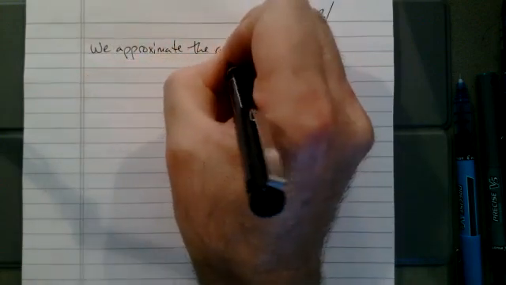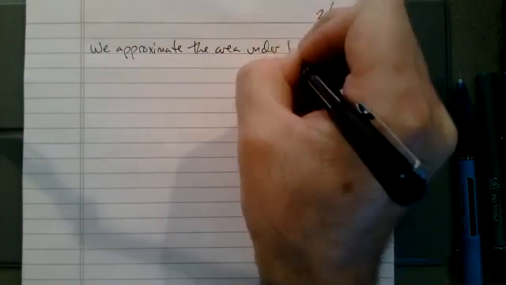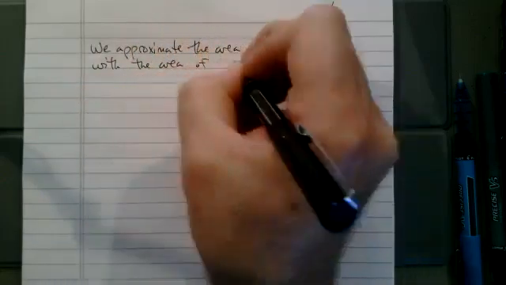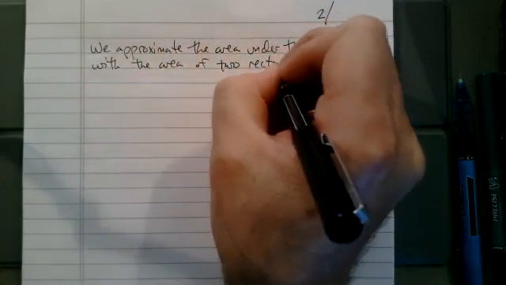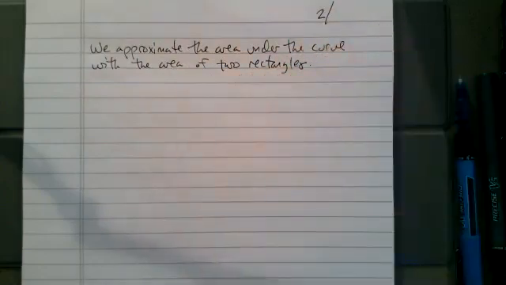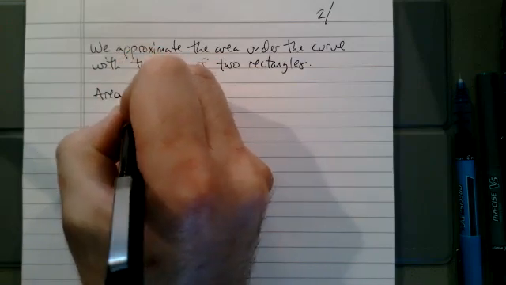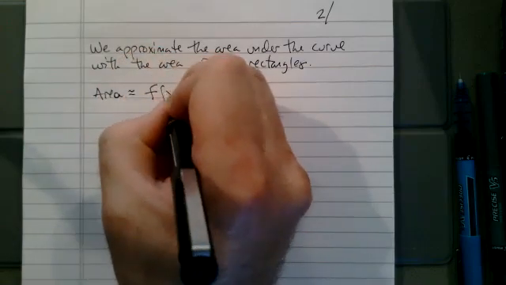So we're approximating the area under the curve with the area of two rectangles. So I'd say that the area is approximately f at x0.